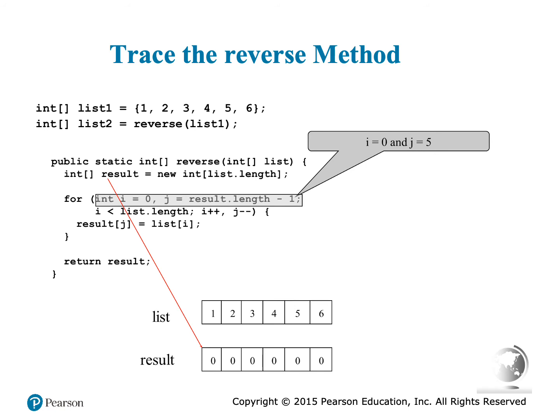The loop continuation condition is i less than list.length. That is, as long as i, the index of list, is within the legal range of list, the loop will continue. Finally, as an after iteration action, i is incremented and j is decremented. Do you know why? I suggest that you stop the video and ponder this and restart the video when you think you have it.